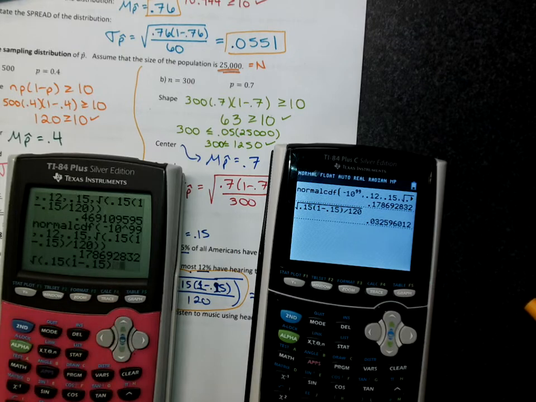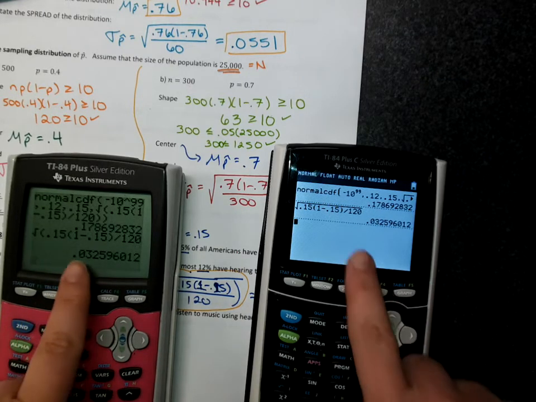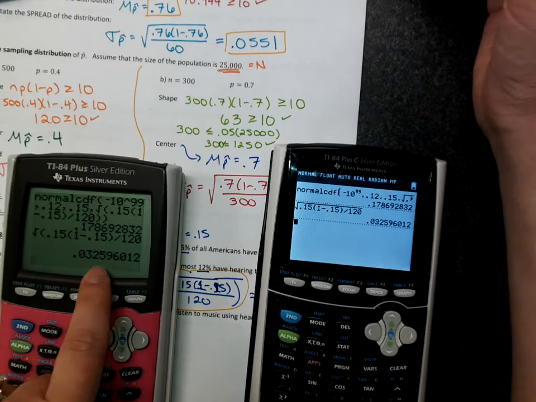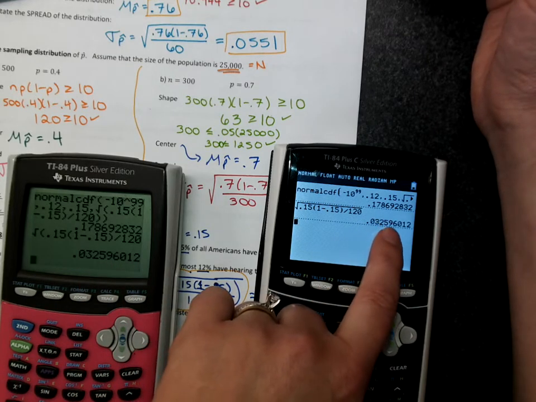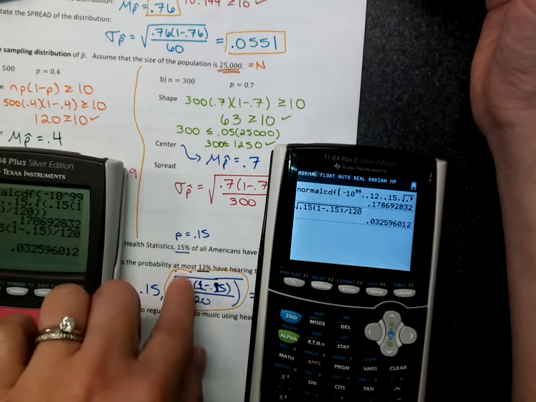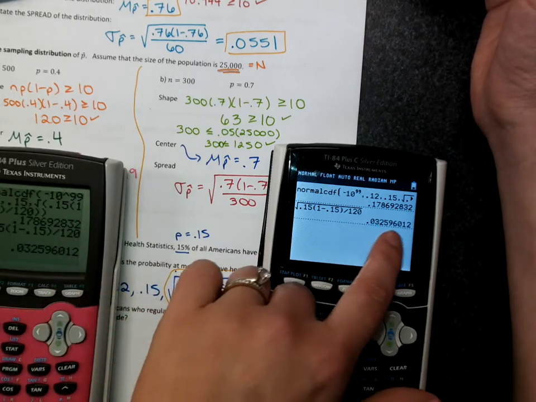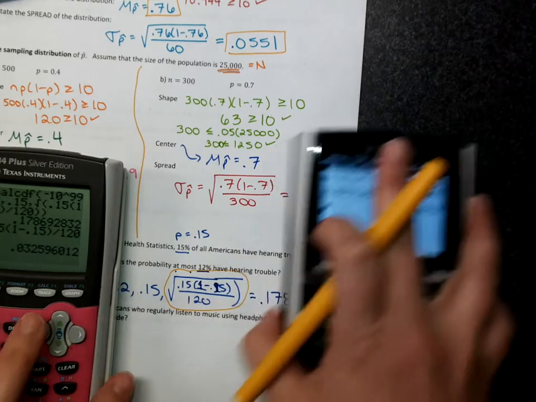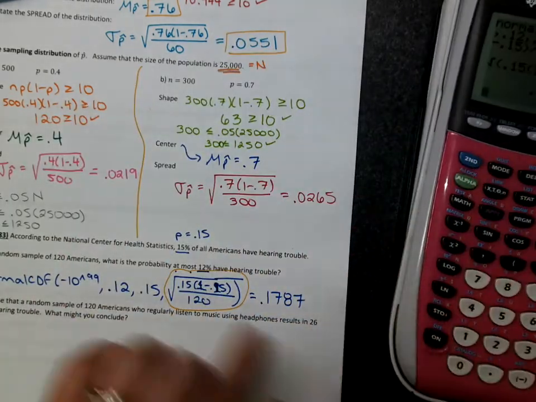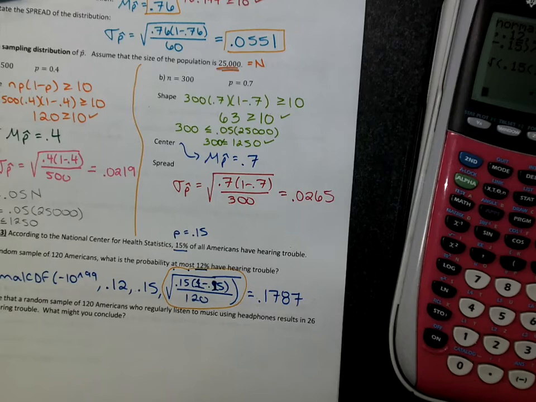Close that parenthesis before you divide. Get that number. And remember to use at least 4 decimal places, so 0.0326. So instead of typing this into normal CDF, you can type in the 4-digit rounded decimal, and it should give you close enough to the right answer. That's just one tip, because I know that's a lot to type in.